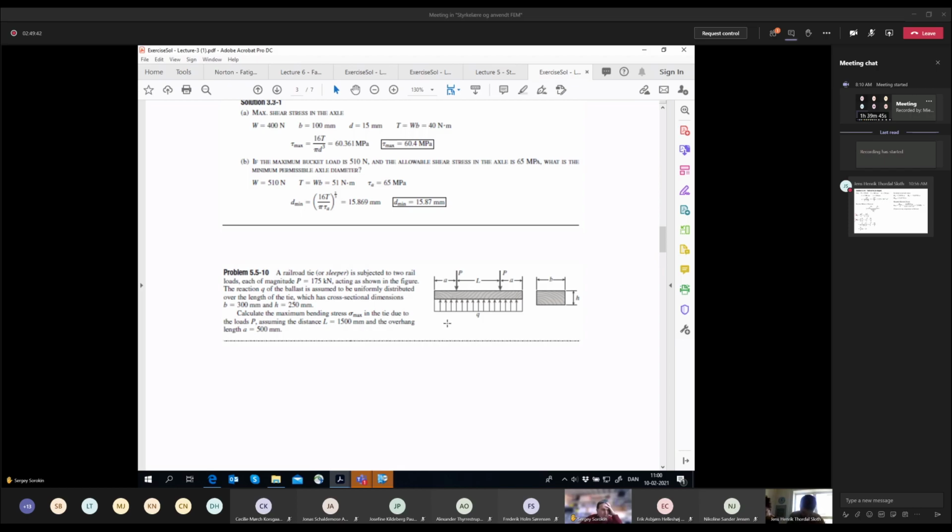Then we follow our sign convention, and you apply the moment M as a function of x, which rotates anticlockwise. Now show me this picture, show it to the camera. Perfect. That's correct.